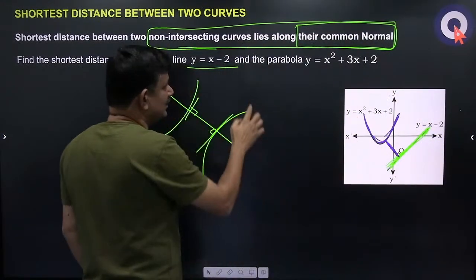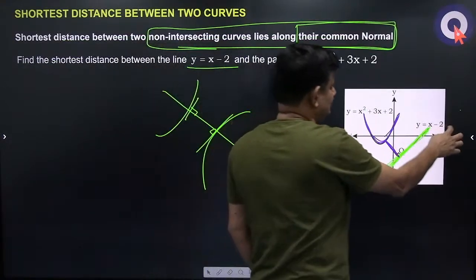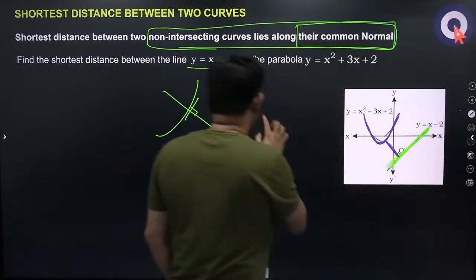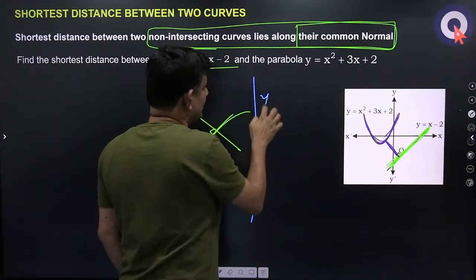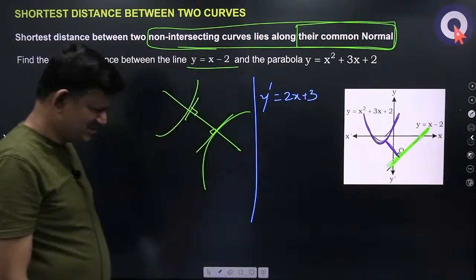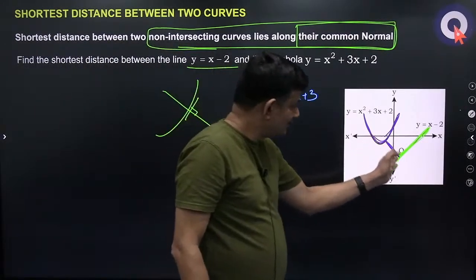What is dy by dx? Y dash is 2x plus 3. Now what is happening to our normal?